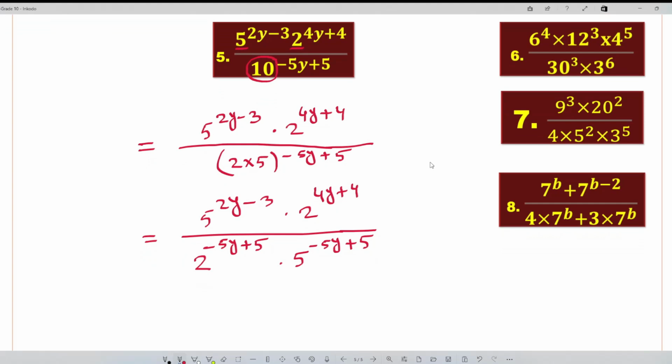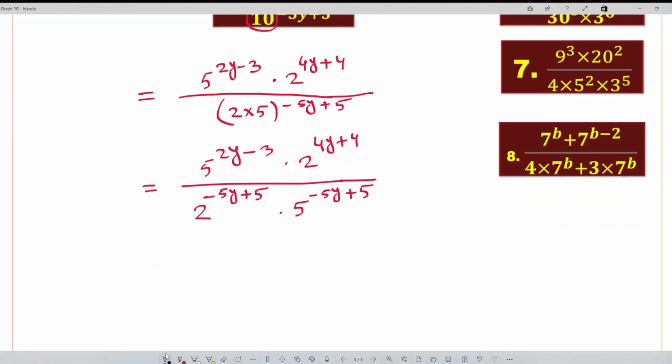Okay. Now look, here the base is 5, also here 5, here the base is 2 and here 2. We know once the bases are same, a to the power m divided by a to the power n, we can write a to the power m minus n. Why?